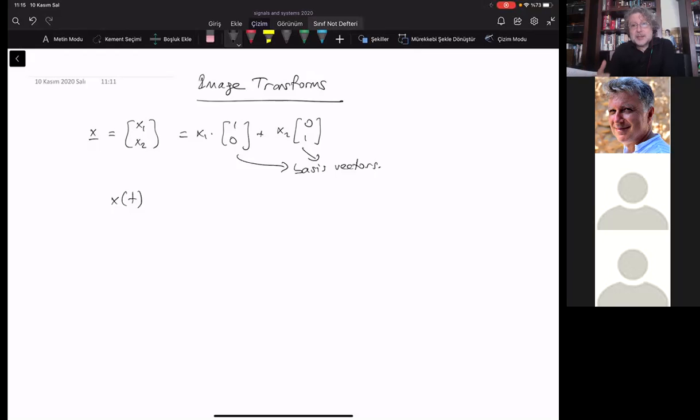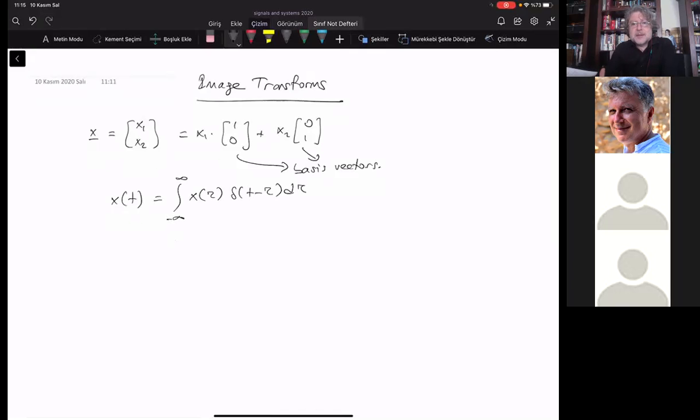So x of t is essentially a linear combination of those basis signals. And what is that linear combination? It is the integral from minus infinity to infinity of x of tau delta of t minus tau d tau.